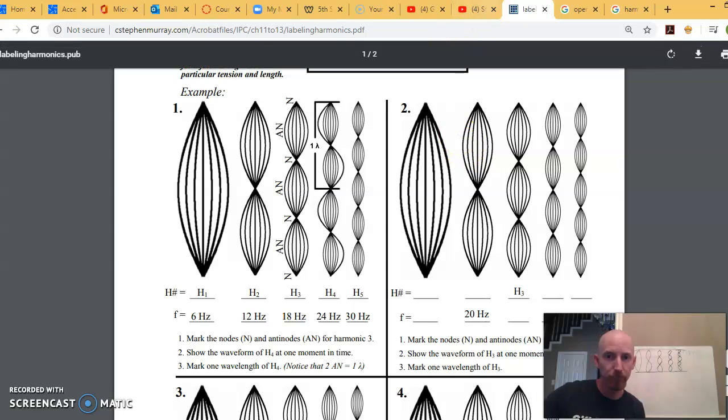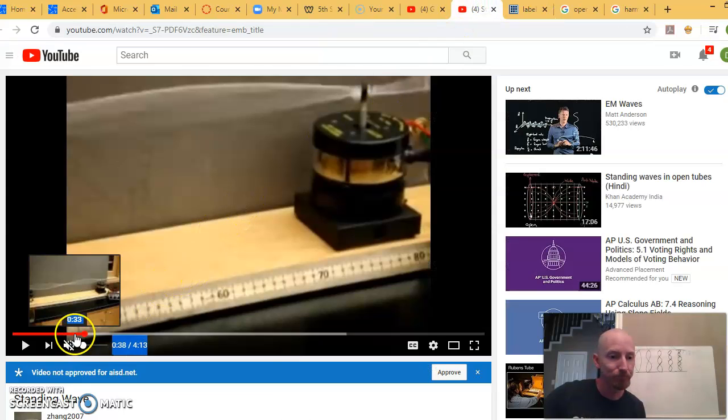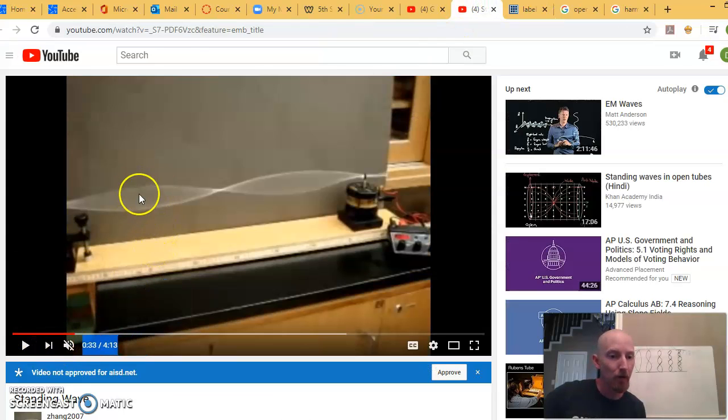Now, let me go back to this video. The parts that move back and forth right here, this is called the antinode. It's hard to say. And this is the part that actually vibrates back and forth. So the second harmonic has two antinodes. This part right here in the middle doesn't actually move.